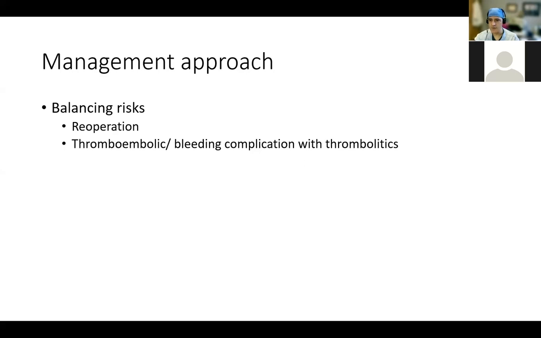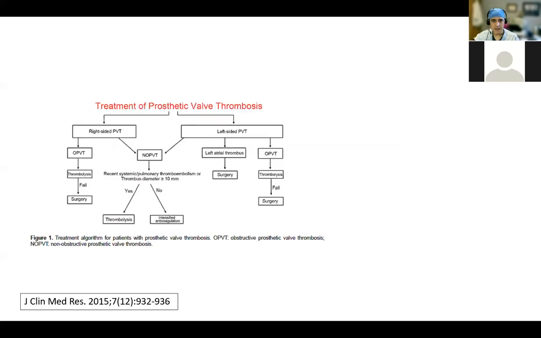But recent reviews, and here are some of the things that are probably worth considering. The treatment of prosthetic valve thrombosis is described, published just a few years ago, as thrombolytic therapy appears to have reached a bit more of a standard in terms of initial approach in these patients.